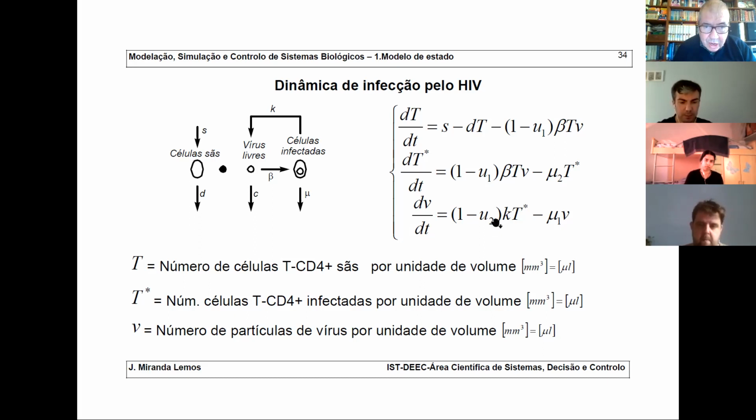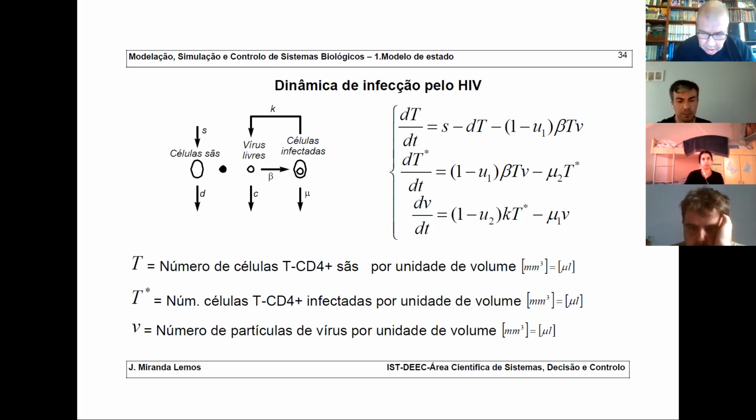And you have another drug with effect U2, which inhibits the formation of new virus particles.